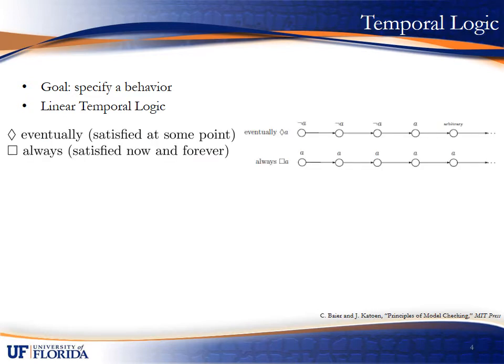The diamond operator here on the left means eventually. What that means is some proposition is true if at some point in the future that property will become true. And the box operator means always, meaning for all sequences of events the property must be true.